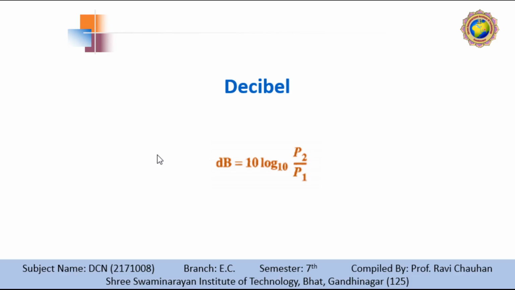So the equation is dB equals 10 log base 10 of P2 upon P1. Variables P1 and P2 are the powers of the signal at points 1 and 2 respectively. Note that some engineering books define the decibel in terms of voltage instead of power. In this case, because power is proportional to the square of the voltage, the formula will be dB equals 20 log base 10 of V2 upon V1, which can be expressed in dB in terms of power.